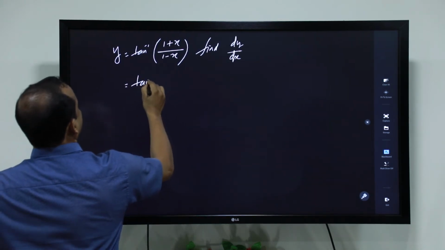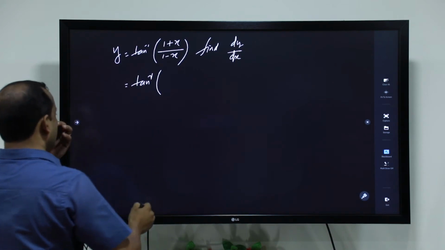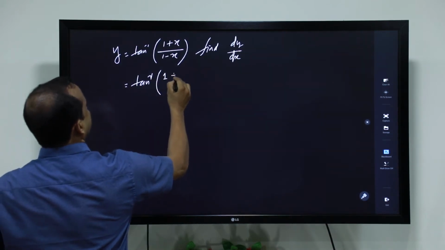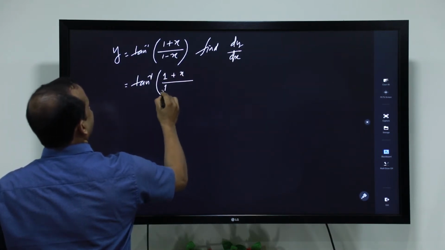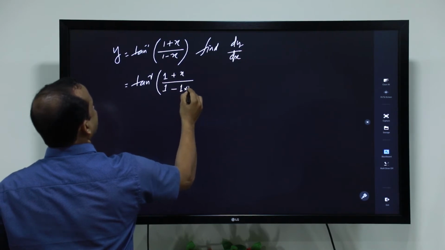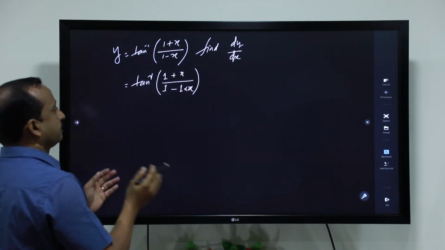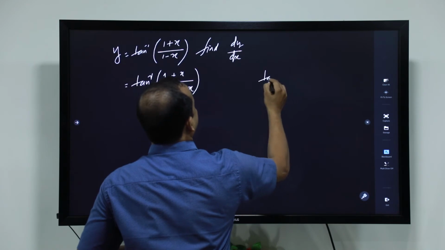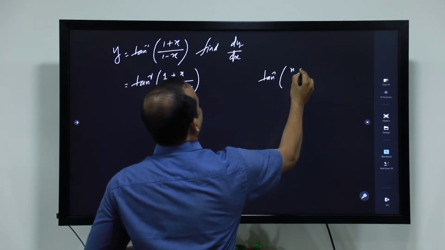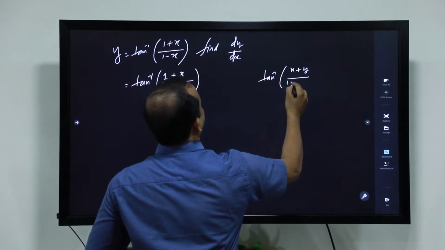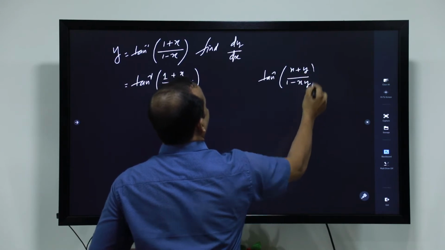First of all, this function can be rearranged as tan inverse of 1 plus x divided by 1 minus 1 into x. Let's convert it to the form tan inverse of x plus y divided by 1 minus x into y.